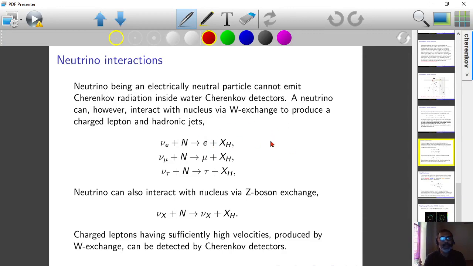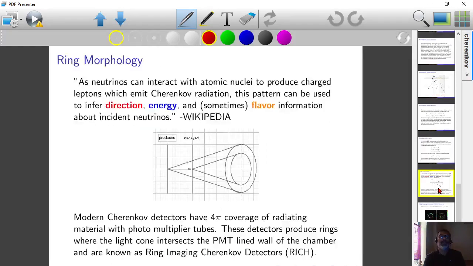Because in the final state we will have quarks which undergo strong interaction, which will form hadronic jets. A neutrino can also interact with a nucleus via Z boson exchange. That is the neutral current. So charged leptons having sufficiently high velocities produced by W exchange can be detected by Cherenkov detectors.